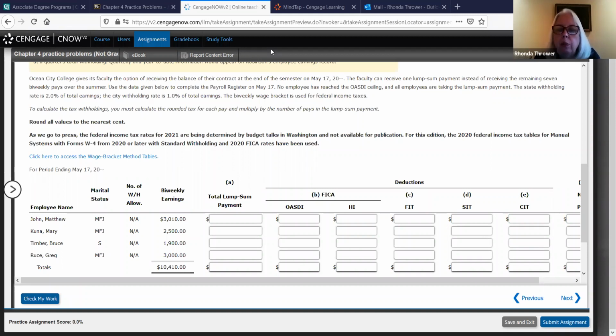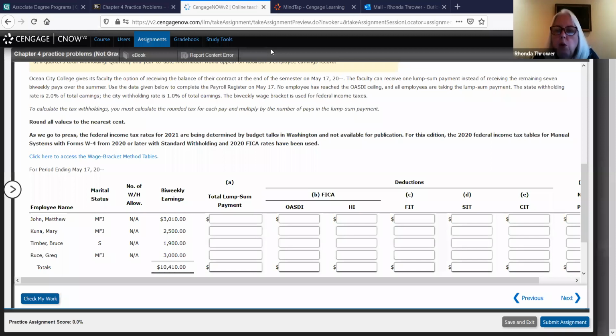These are the 7 biweekly pay periods that I've got listed here. So first, take the 3,010 times 7, and that gives you the total lump sum payment. Now, you have to calculate these as I've got it here, or there will be rounding errors.